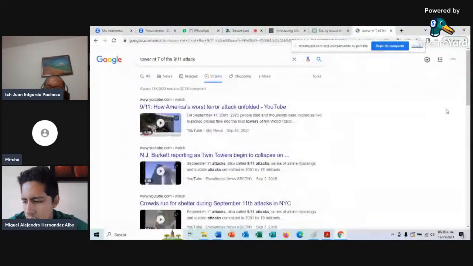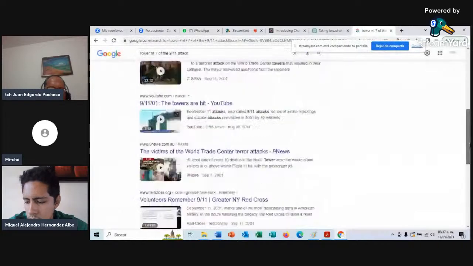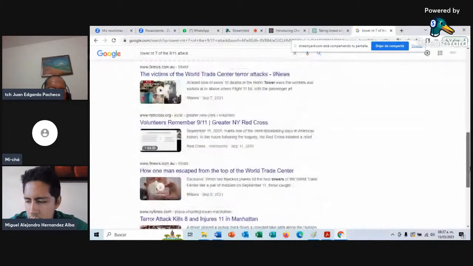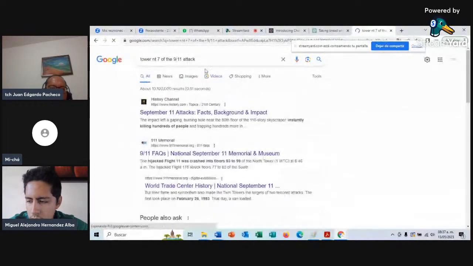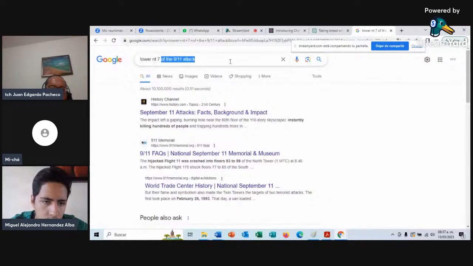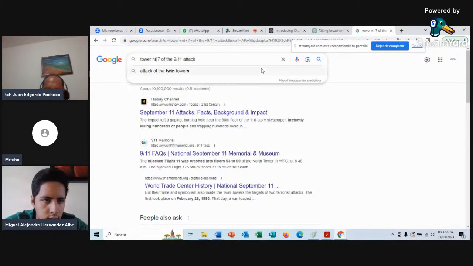But there was a tower that was not hit by an airplane and collapsed by itself. I think it was tower number seven. Because you know there were many towers, and one of them collapsed and no airplane hit it.